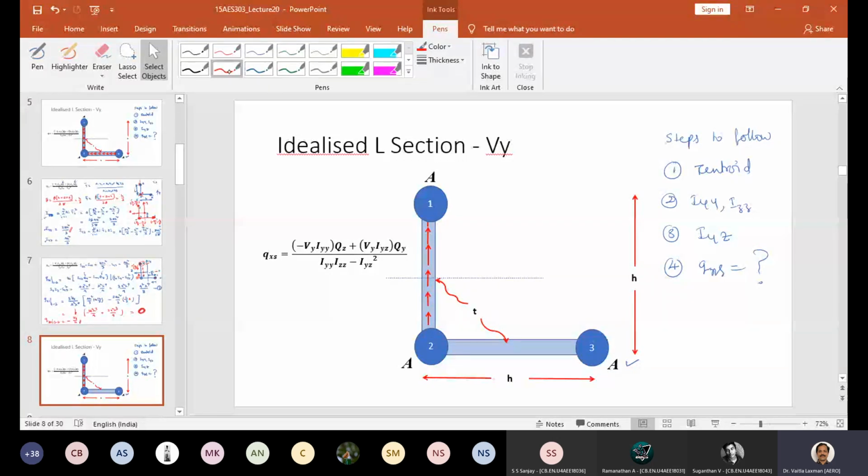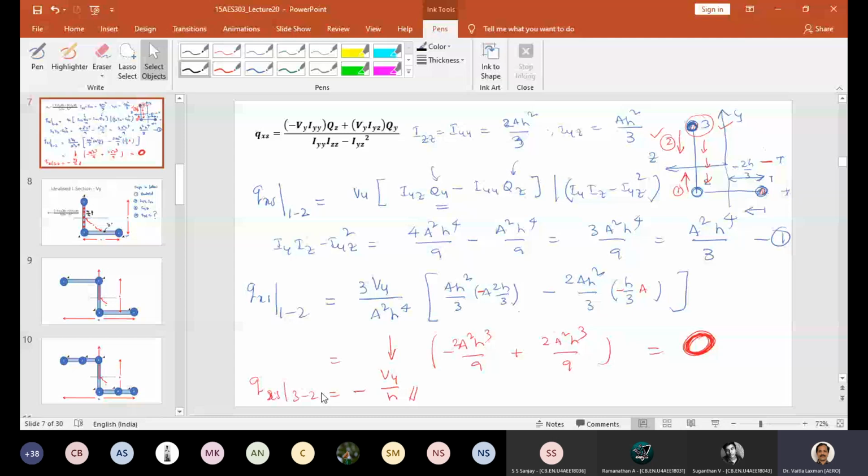I am getting shear flow in only this member, which is the top. Direction is upward. Here in this, shear flow is 0. Everybody is getting or not? This quantity is same, Vy by this quantity is same.